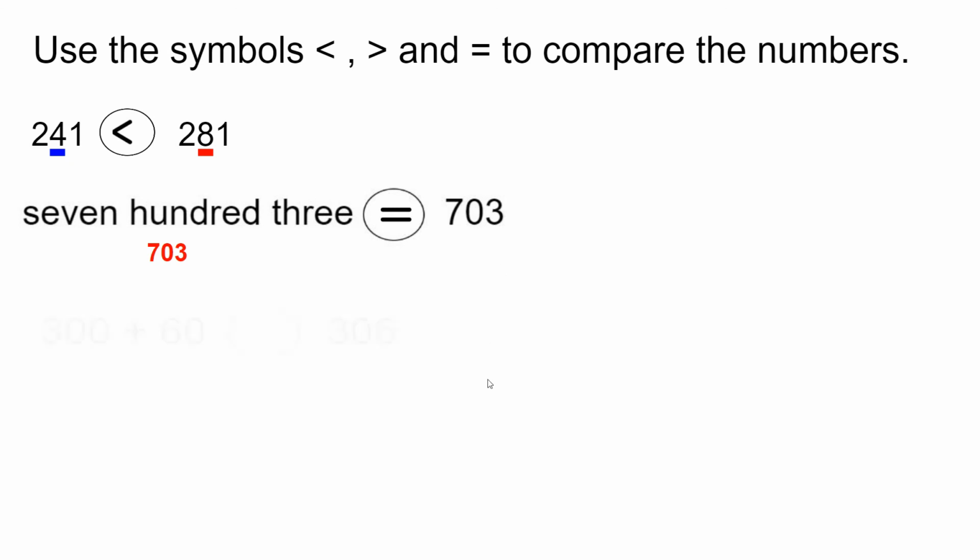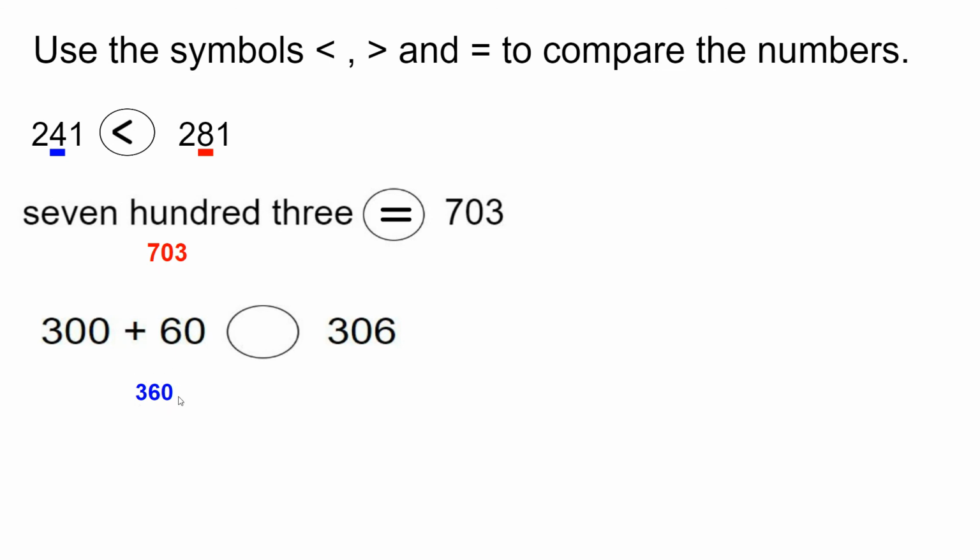All right? Now, let's move on to 300 plus 60 is blank to 306. Did you notice that the 300 plus 60 is written in expanded form? Now, we can write this in standard form. This is how we write it down. Or we could say that 300 plus 60 equals 360.